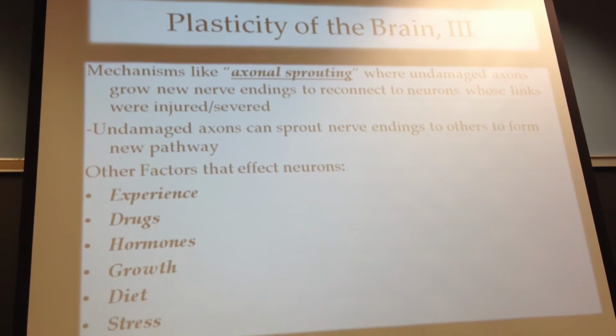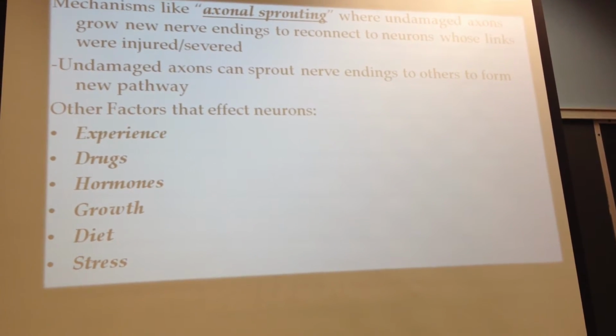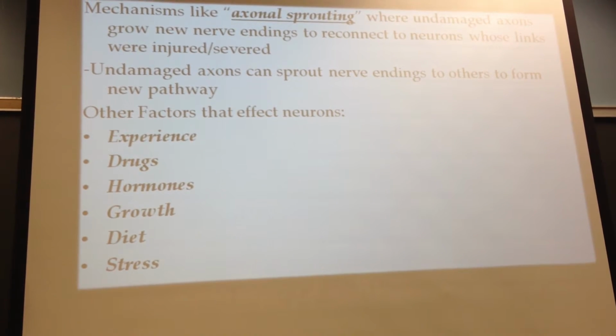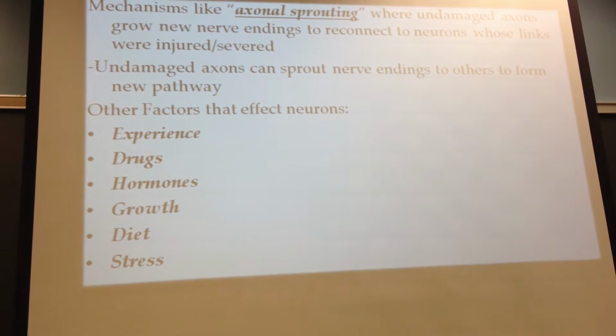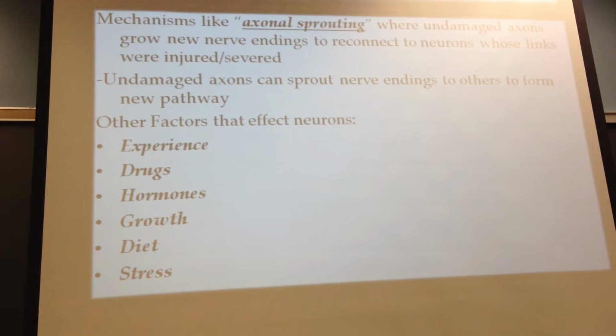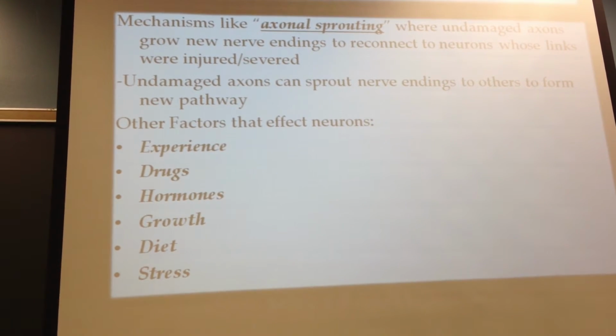Mechanisms like axonal sprouting, where undamaged axons grow, can often reconnect where things were injured.